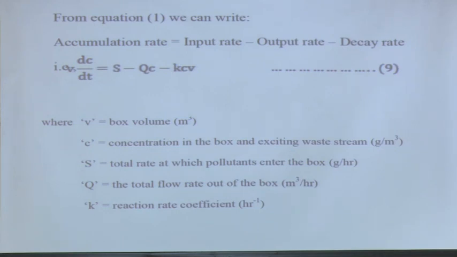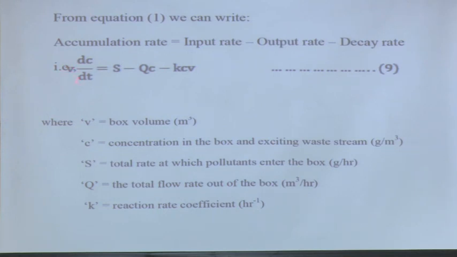Now I am interested in knowing accumulation rate, because I already have a formula for decay rate, that is KCV, but for accumulation rate I need a formula. So, accumulation rate is equal to input rate minus output rate minus decay rate, and I can write, sorry, there is some overlapping of this.